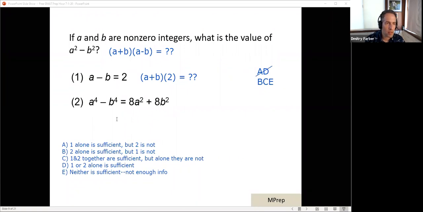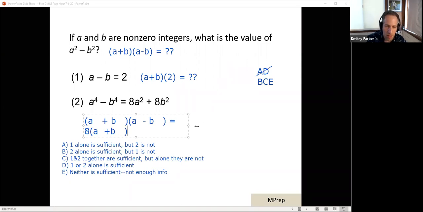Yeah, we talked about the larger powers. We can split this one up. I can say, oh, on the left, hey, that's a difference of squares itself. I can call this a squared plus b squared times a squared minus b squared. And on the right, I can call that 8 times a squared plus b squared.